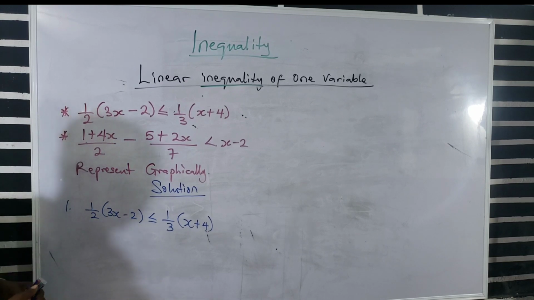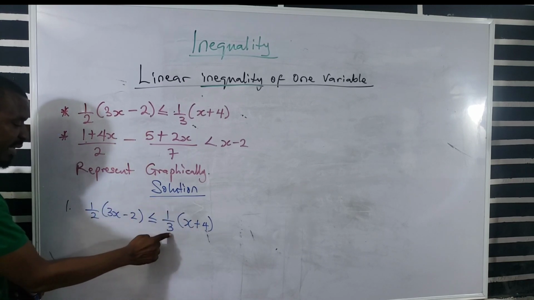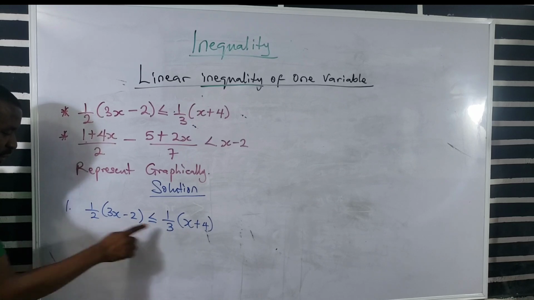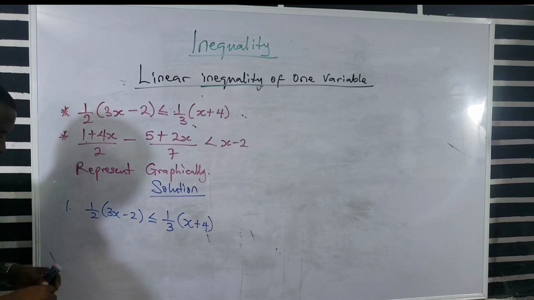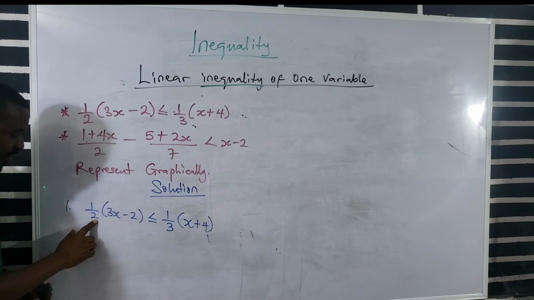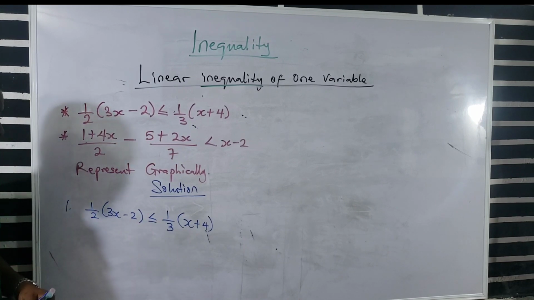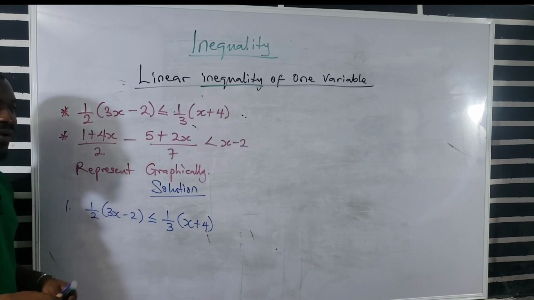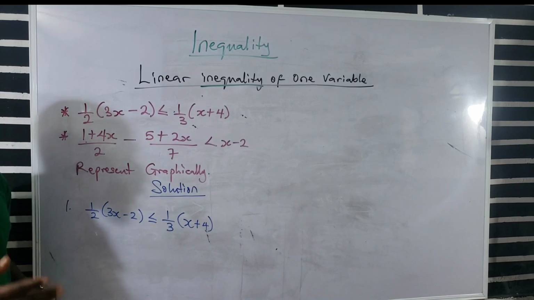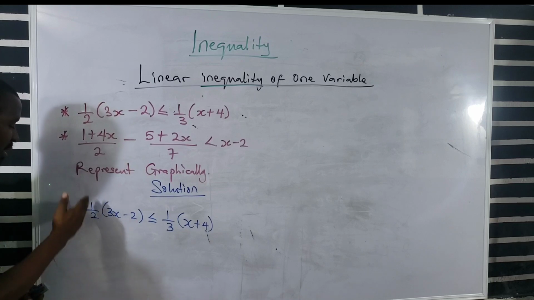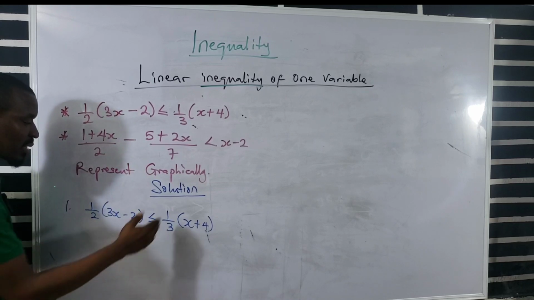And how do we remove the fraction? Multiply both sides by the LCM of the denominators. The denominator here is 2, while the denominator here is 3. The LCM of 2 and 3 is 6. So you use 6 to multiply this and 6 to multiply this.